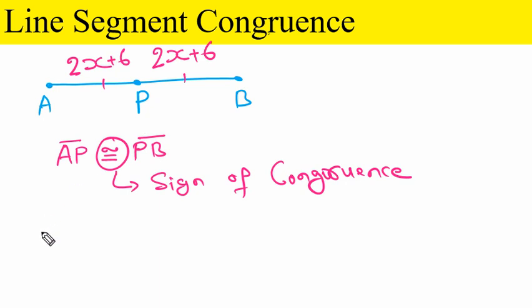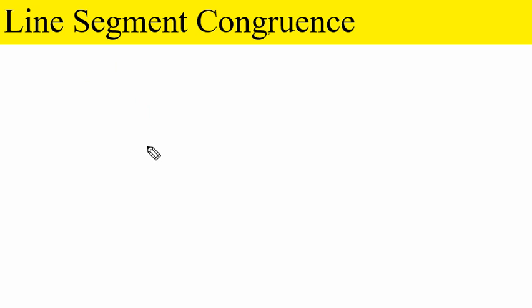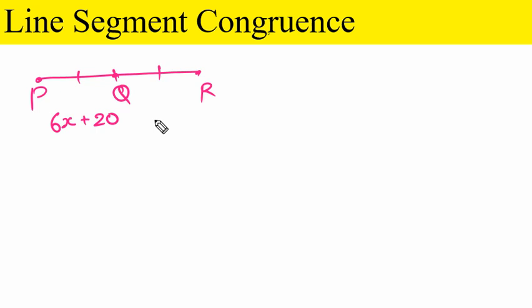Now let's try one more example here. Let's say you have a segment PR and Q is the point given here, and let's say PQ is 6x plus 20 and QR is 2 times x plus 6.